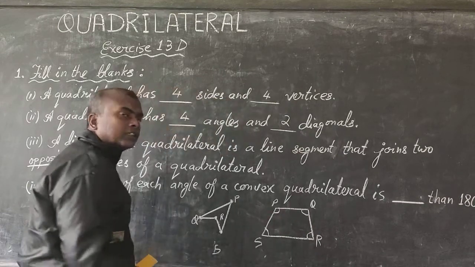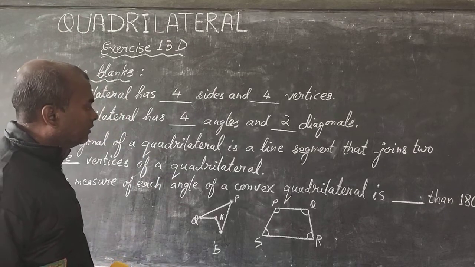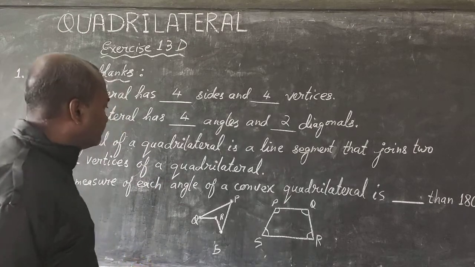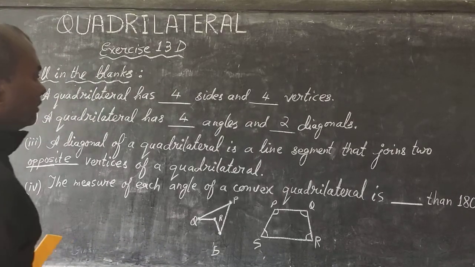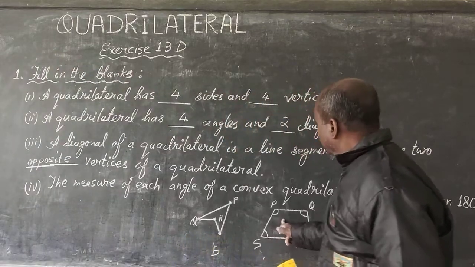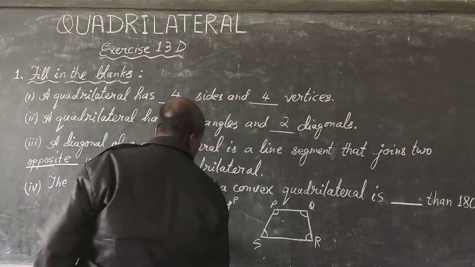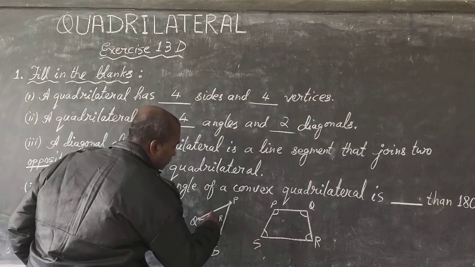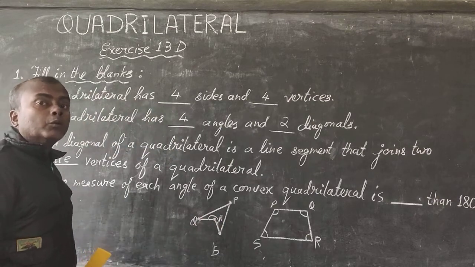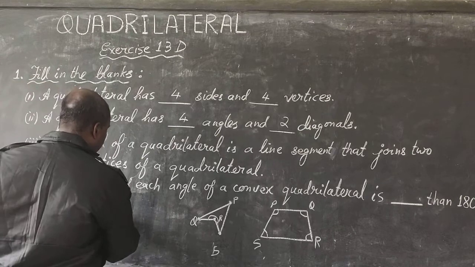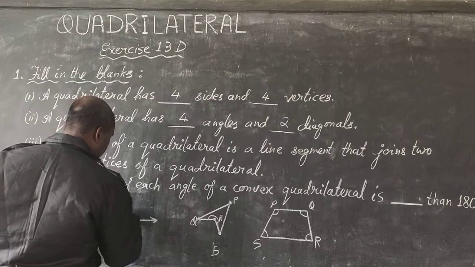See, each angle is less than 180 degrees. But here in concave, see this particular angle which is inside the quadrilateral, this angle is more than 180 degrees. See, 180 degrees is this.